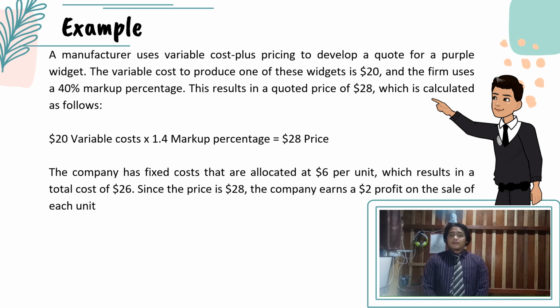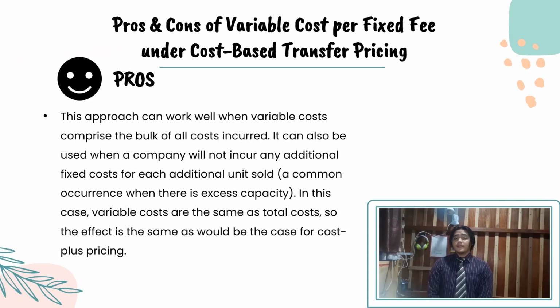This means the company earns 2 ringgit for each unit of widget that is sold, which we get from the total cost of 26 ringgit minus the price of 28 ringgit. So the company earned $2 for each unit sold. Now we move to the next.